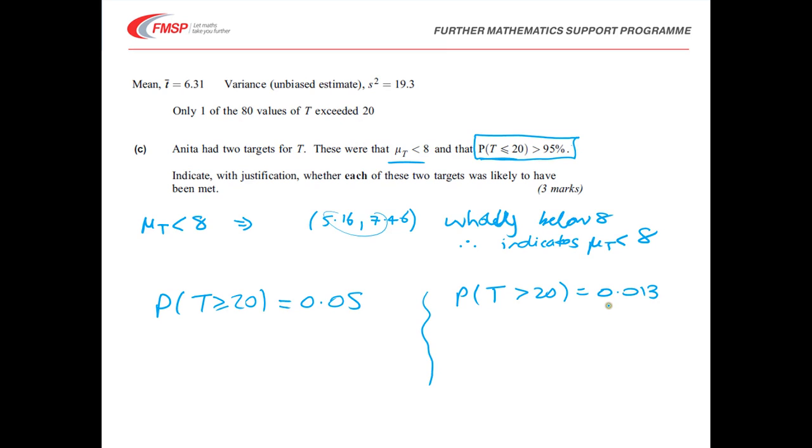Okay, so is this true? Well, yes, again it's true because we know that 0.013 is less than the 0.05. So again we can imply that this is true. So again we can state yes, the second target is going to be correct as well.